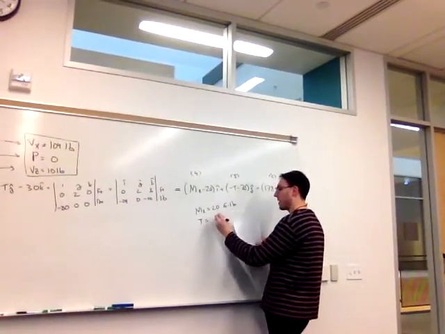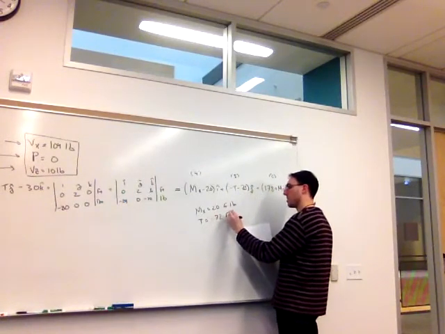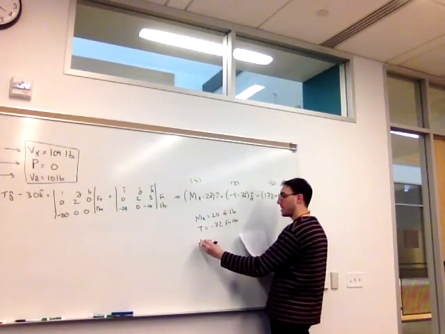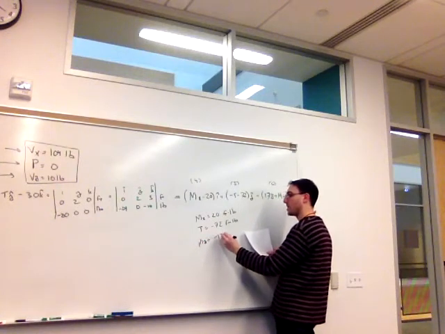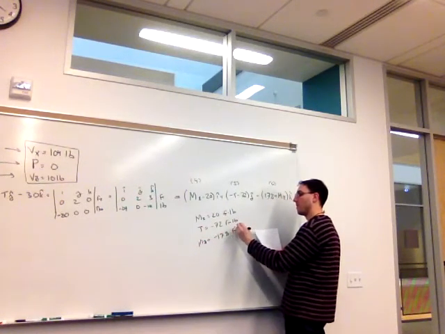T will be negative 72 foot-pounds. And MZ will get a negative 178 foot-pounds.